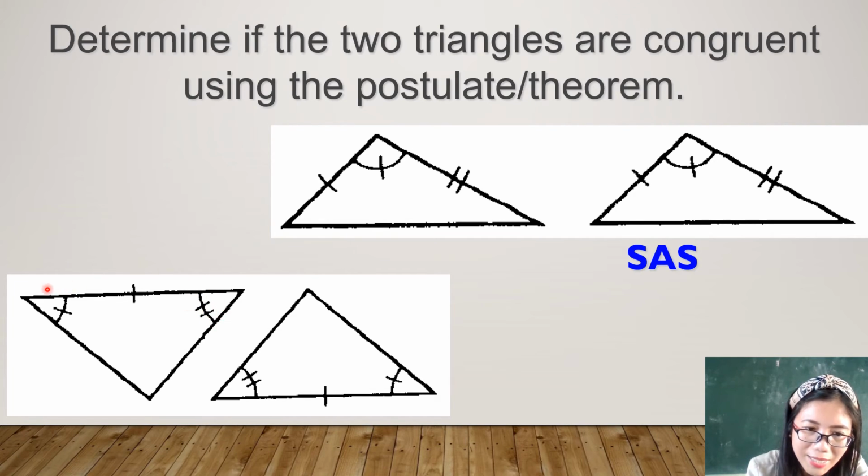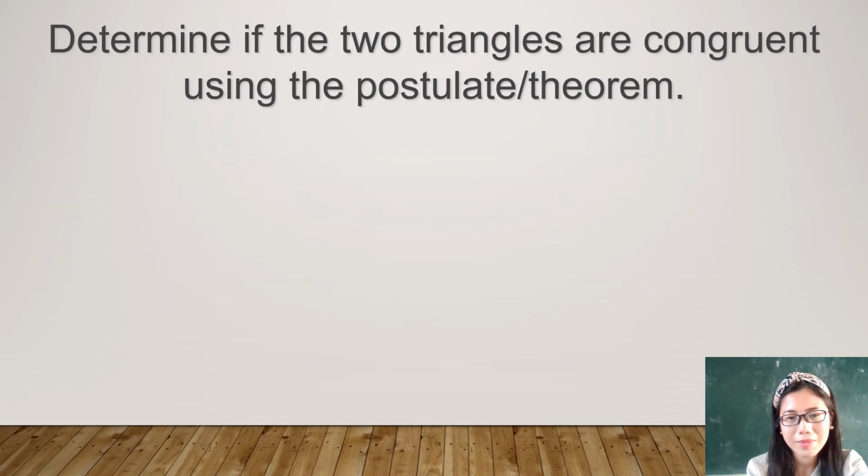And notice this side is an included side, the common side to the two given angles. The same with this side of the other triangle. So the two triangles are congruent by angle, side, angle, or the ASA Congruence Postulate.